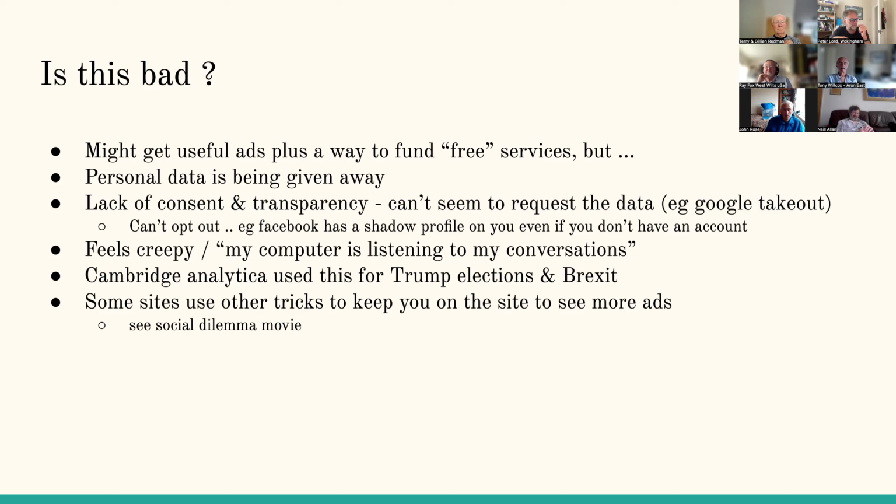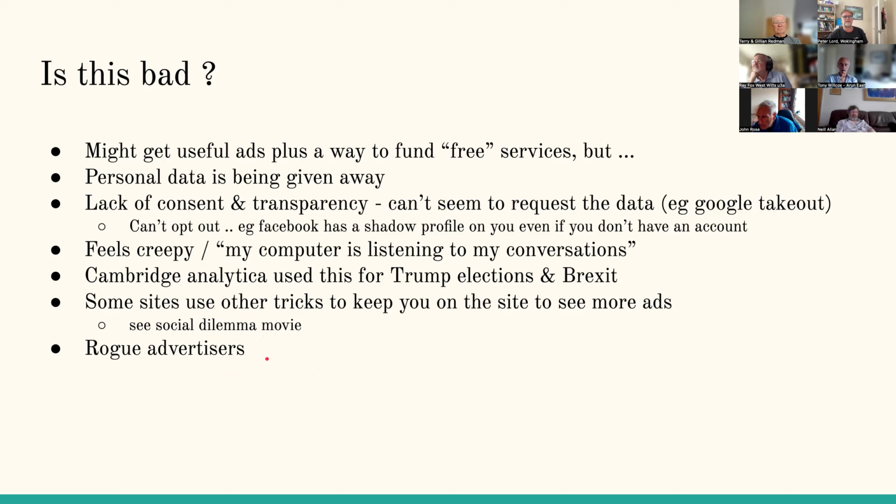If you take the real-time bidding and all these algorithms to keep you on the site, then suddenly the ad revenue for the platform just goes through the roof. I'm wondering whether it might be useful to play the preview of The Social Dilemma movie. I might actually do that in a minute.